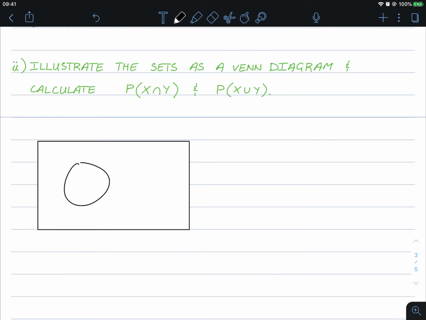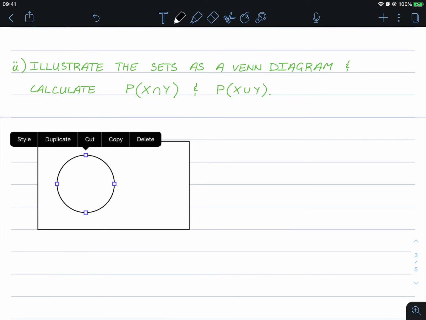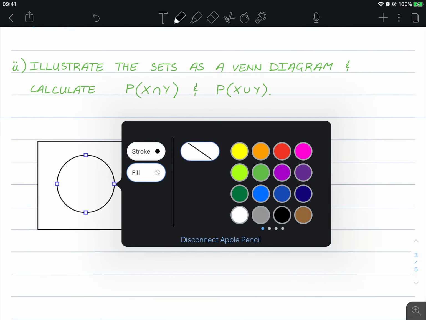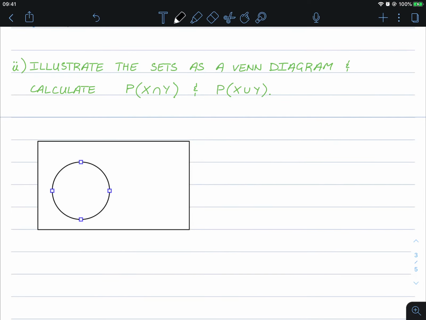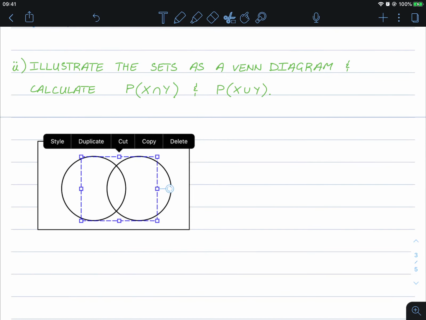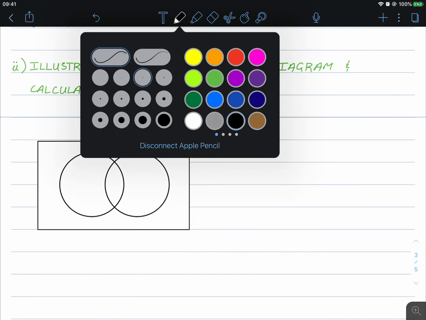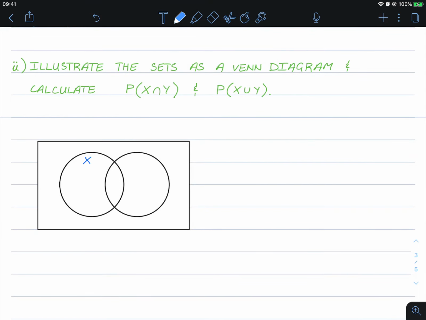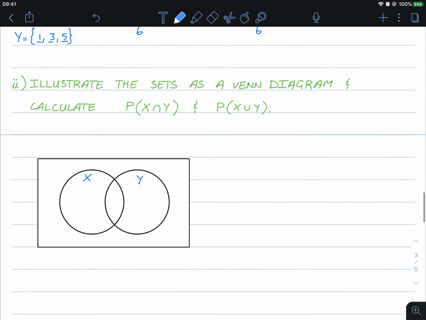Let us draw a circle. No fill for this one. So we know it's going to intersect like this. Let this be set X, this be set Y.